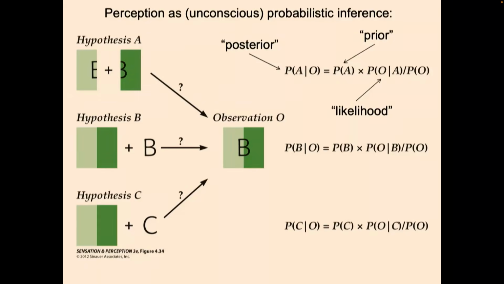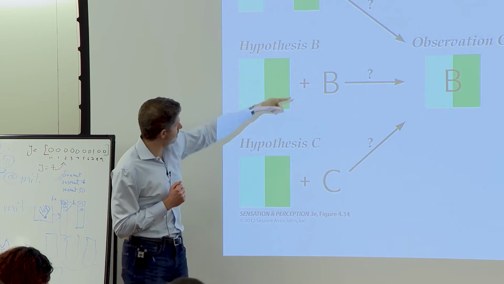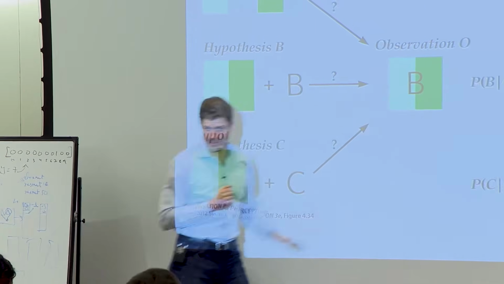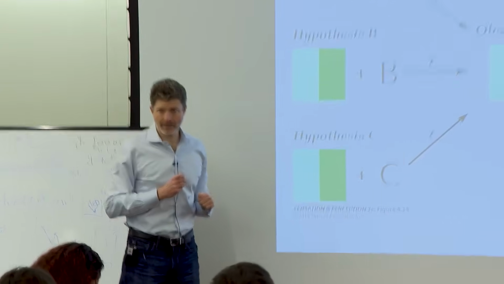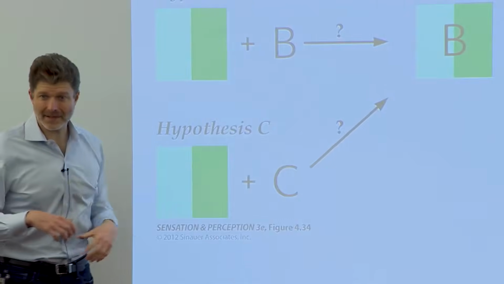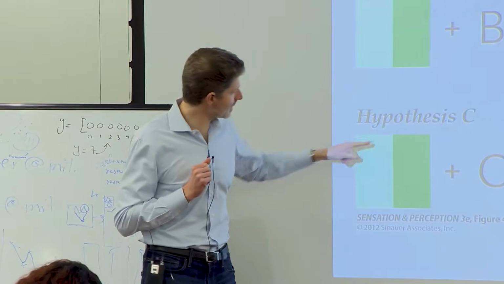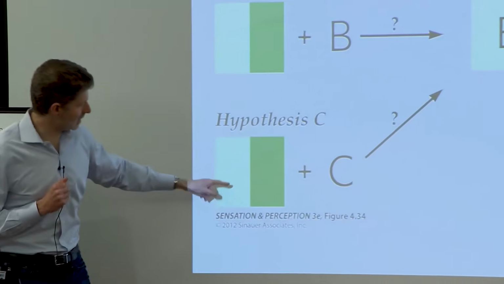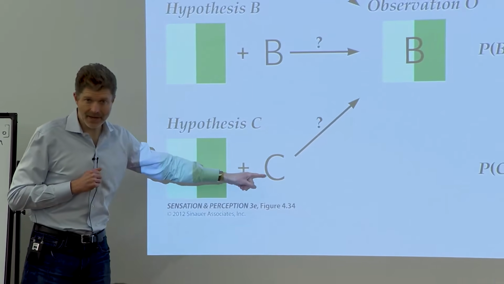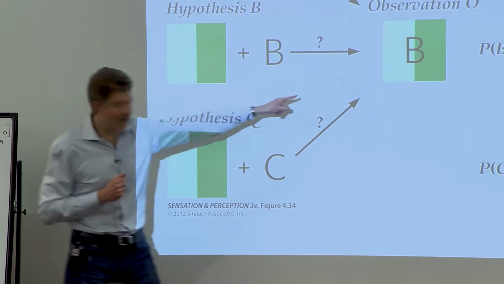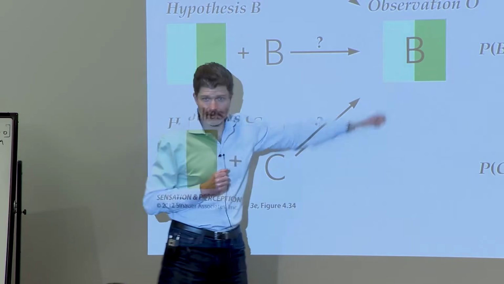Because if you put these two objects next to each other, or you put the B on top of this, you're going to reproduce pretty much exactly the observed image. Okay? So the likelihood, the probability of this observation given this hypothesis or this hypothesis is high. By comparison, this hypothesis produces fairly low likelihood because it's got the wrong letter, right? So the image that would be created by putting the C on top of this surface is not going to be very similar to that observed image.